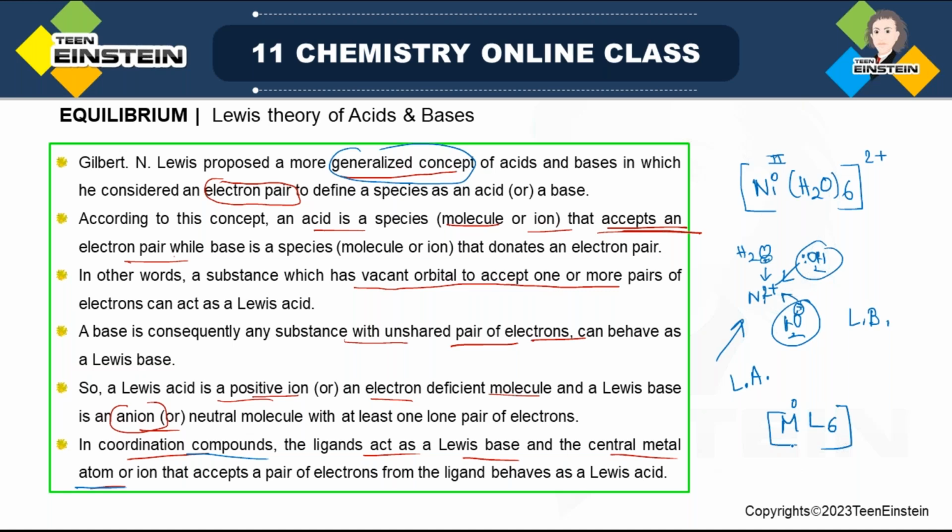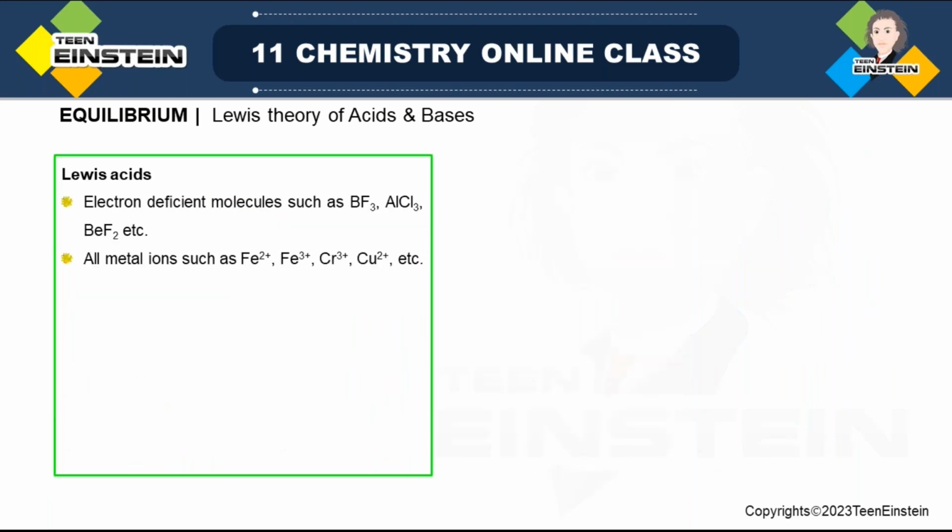So this central metal atom or ion, both may be the case. So in this way, in some compounds in coordination chemistry, the ligands are behaving as Lewis base and the central metal atom or ion, as it is accepting electron pair from these ligands, will behave as Lewis acid. So this is the Lewis theory of acids and bases.